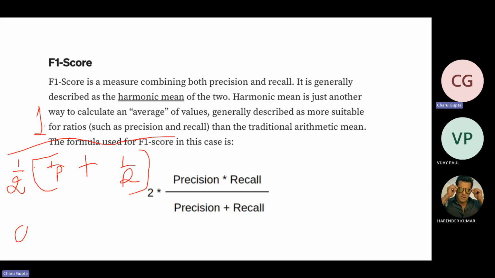So this is the harmonic mean of precision and recall. When I simplify this formula, I get 2 multiply precision into recall upon precision plus recall. The formula for F1 score is 2 multiply precision into recall over precision plus recall.